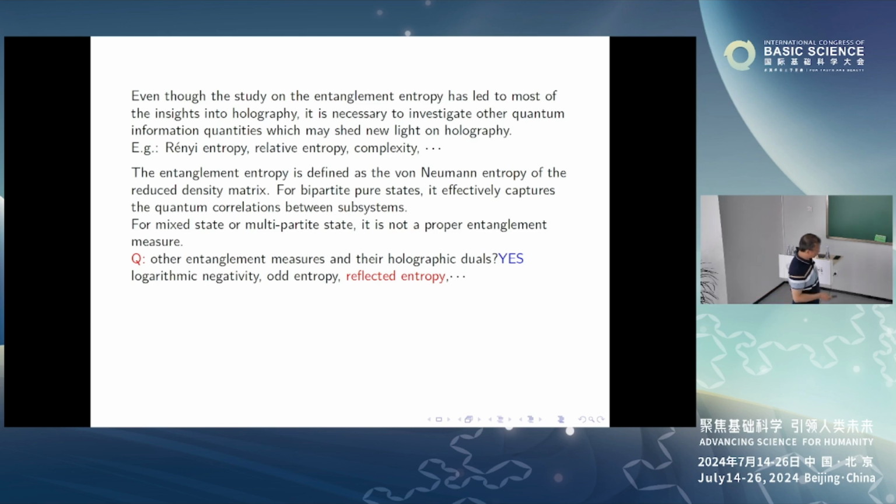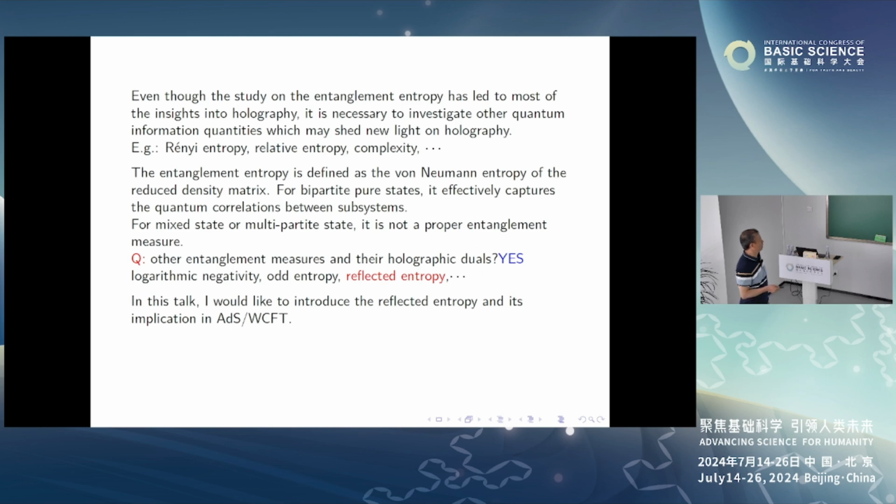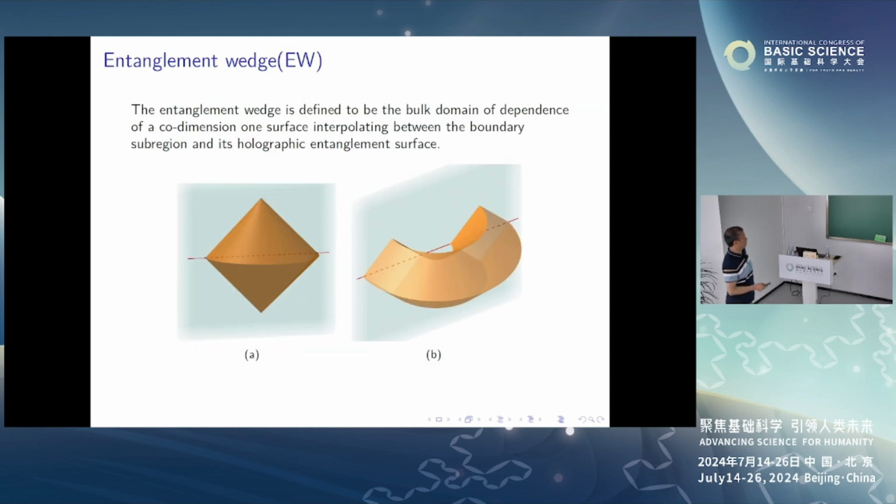And very recently, a few years ago, people in the AdS/CFT community proposed the so-called reflected entropy. So that's the focus of my talk. This quantity, this notion, originates from the study of the entanglement of purification. So before that, I have to introduce some notions in holographic entanglement.